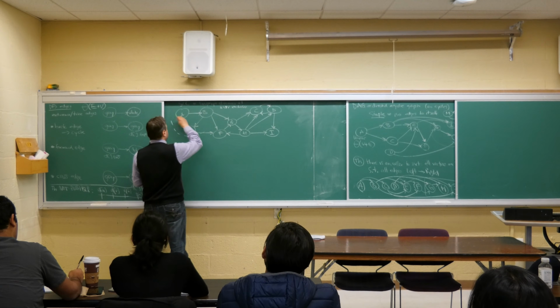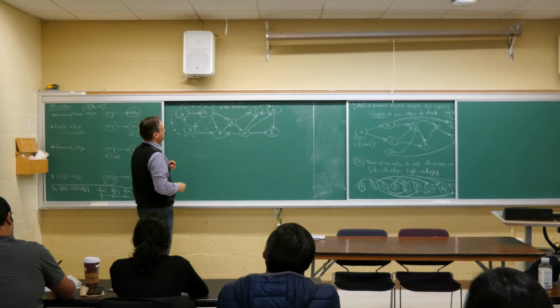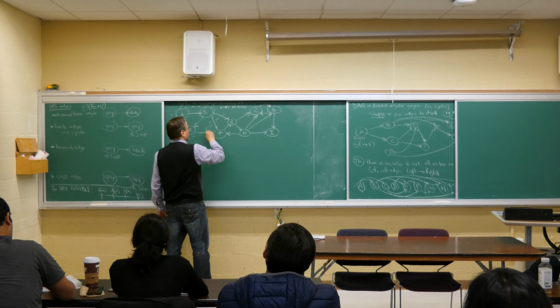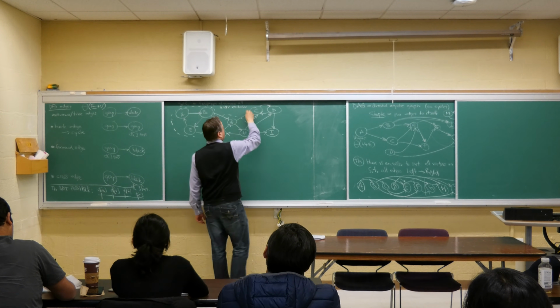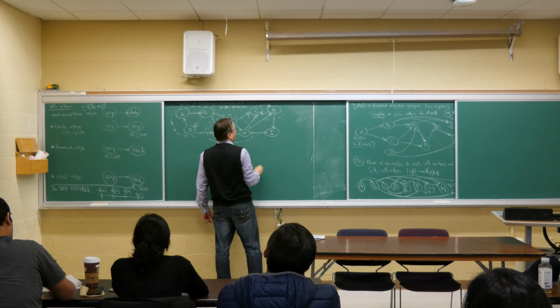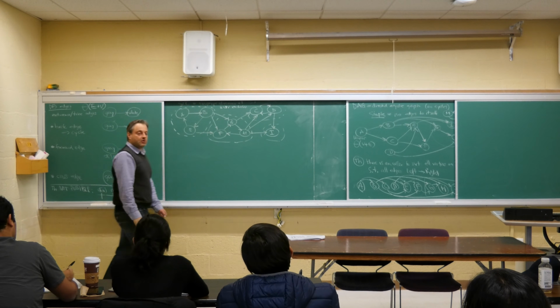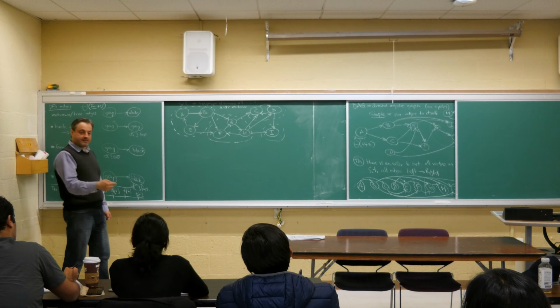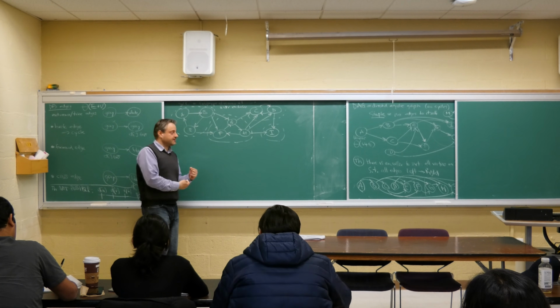ABE, that's a subgroup. What other subgroup is there? And this one, right? So I would like to write this SCC before I show you an algorithm to find those connected components.